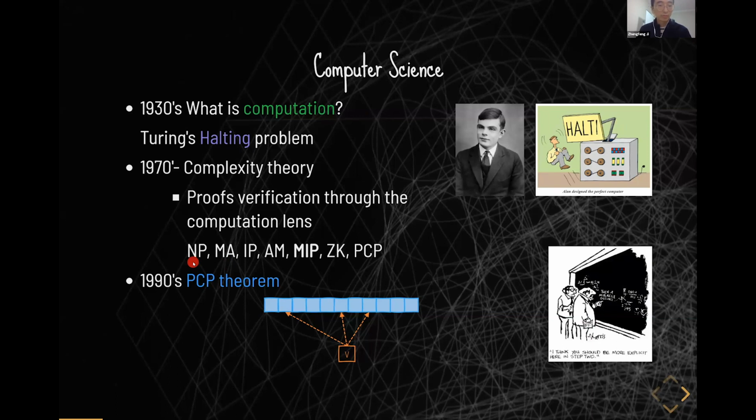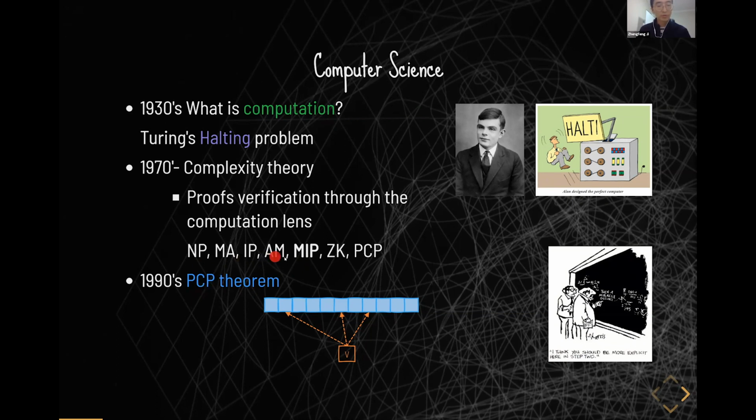I guess you must have heard of it at some point, and the class that's relevant to our work is MIP. These are multi-prover interactive proofs, and technically we also rely on a theorem called the PCP theorem in complexity theory.